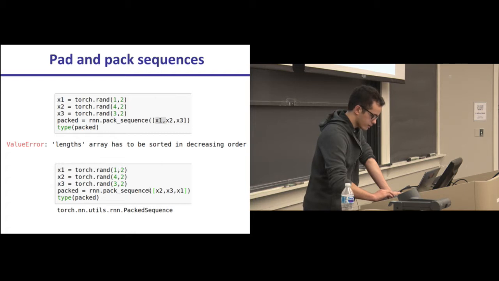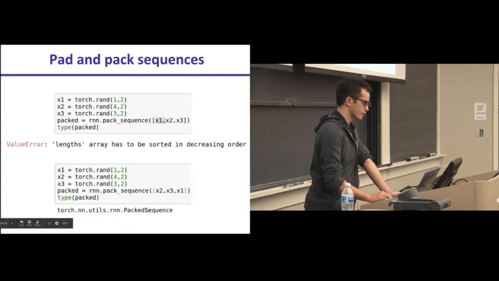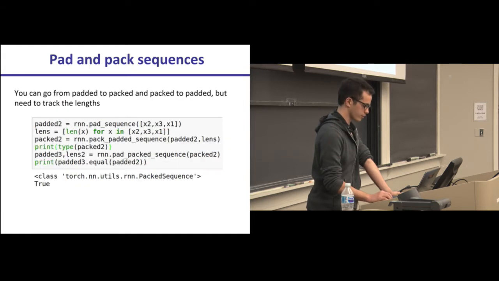If I give it the list of sequences in the sorted order, it returns a packed sequence, which is a wrapper for your tensors that you can feed into RNNs. You can go from padded to packed and from packed to padded fairly easily.